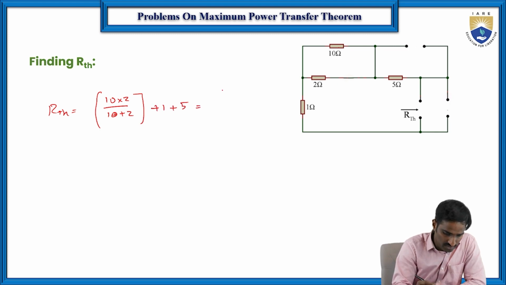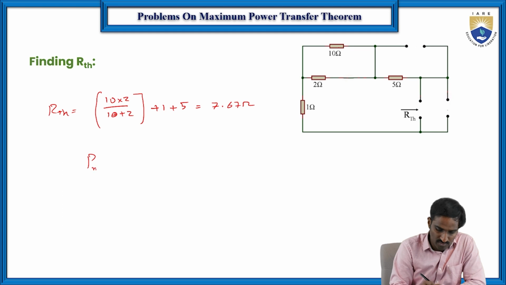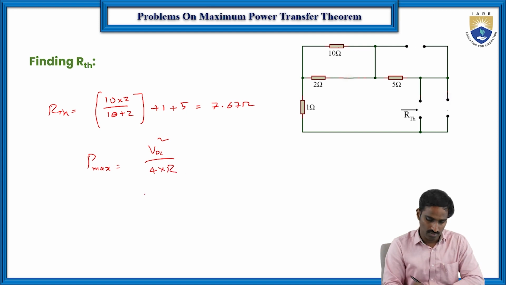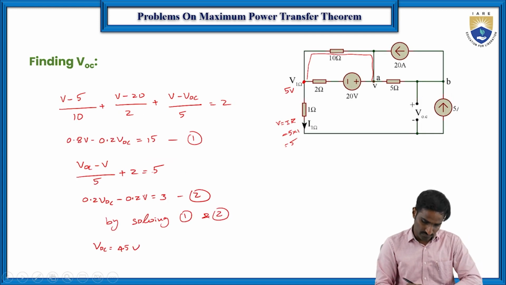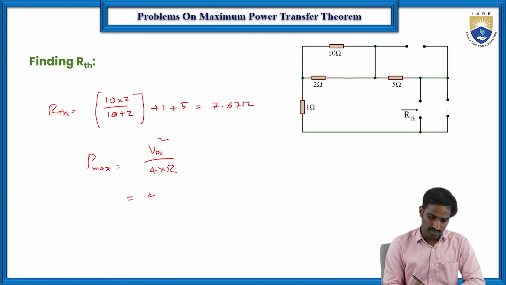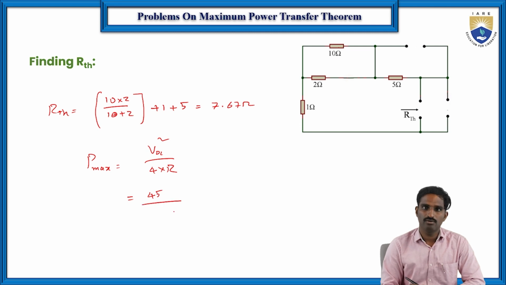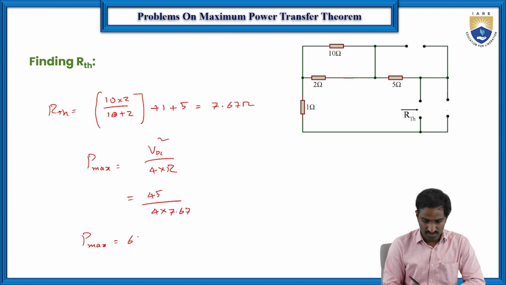Then you finally get R Thevenin equal to 7.67 ohms. Then P maximum is equal to VOC square by 4 into R. VOC we got is 45, so 45 squared by 4 into 7.67. Then the P maximum value is equal to 66 watts.